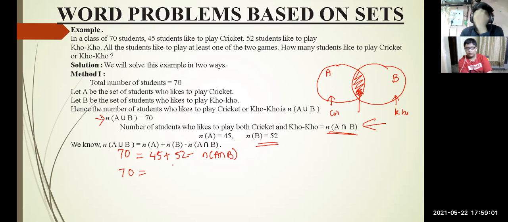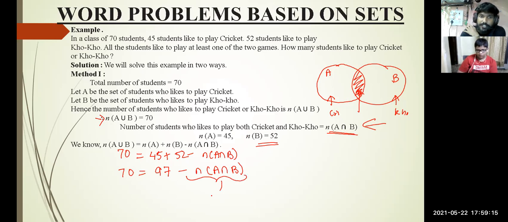So 70 is equal to 45 plus 52. How much is 45 plus 52? 97. So 97 minus N of A intersection B. Take this minus N of A intersection B to the other side and take this 70 to the other side.